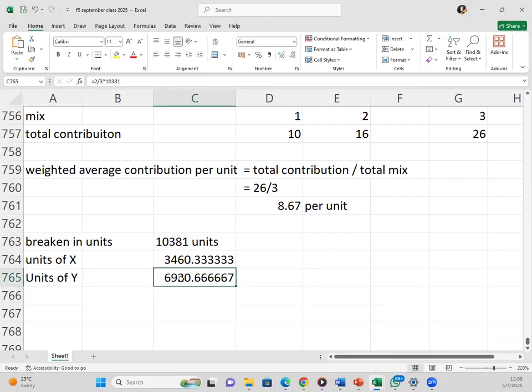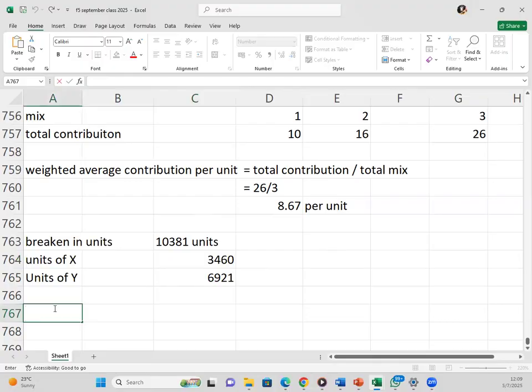So in terms of how many units for each, to the nearest whole number, that's 3,460 for X, 6,921 for Y. So that's if you're calculating the break-even point in units.